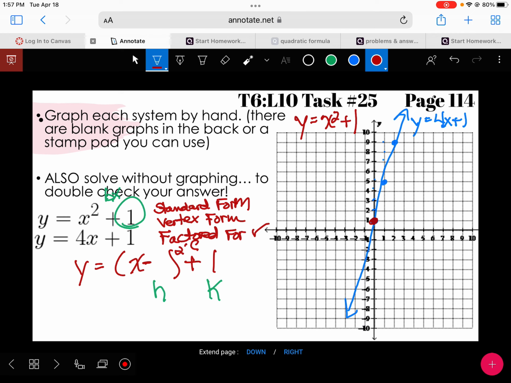So x minus what gives me x squared? 0, which means my vertex is 0, 1, which we already have. All right, so that's my vertex. We knew it was the y-intercept, but now we know it's the vertex also.